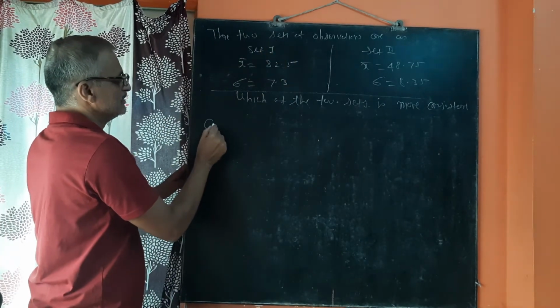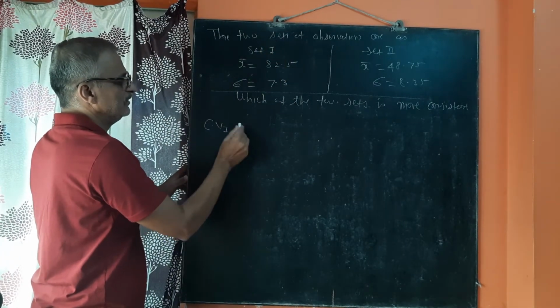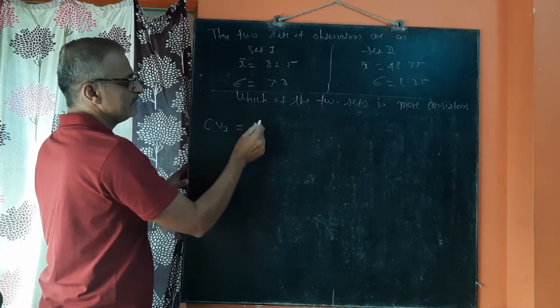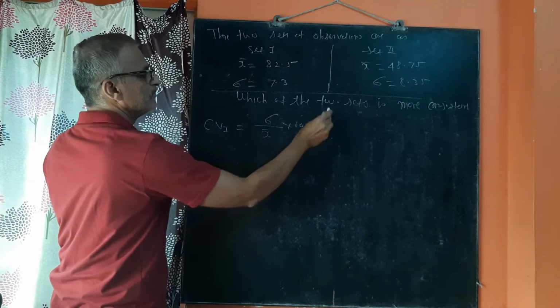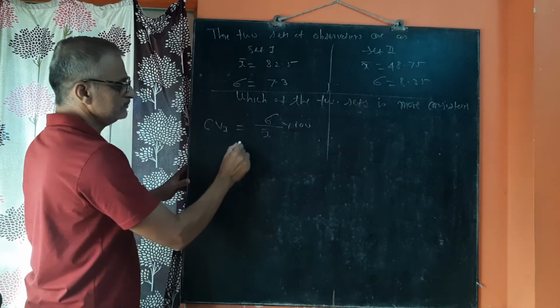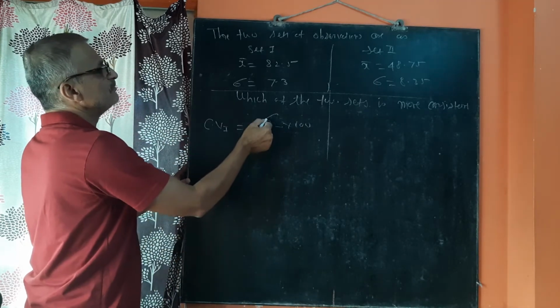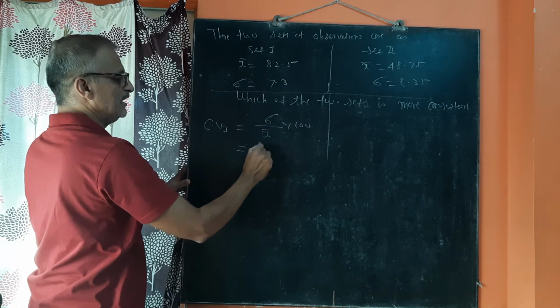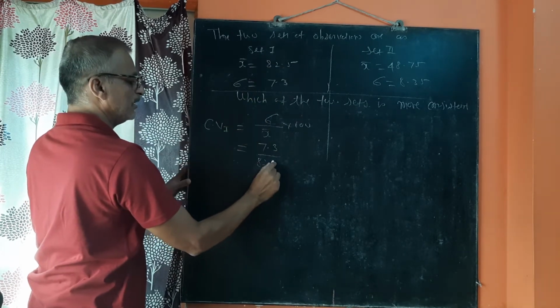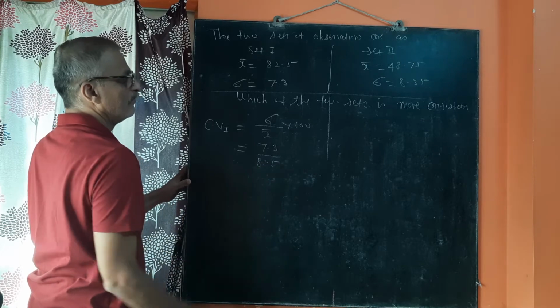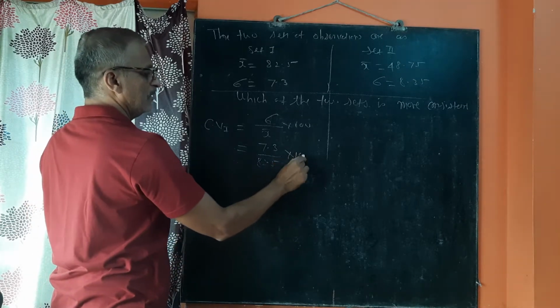CV of first set is equal to, our formula for CV is sigma upon x bar into 100, that is sigma means 7.3 divided by x bar means 82.5 into 100.